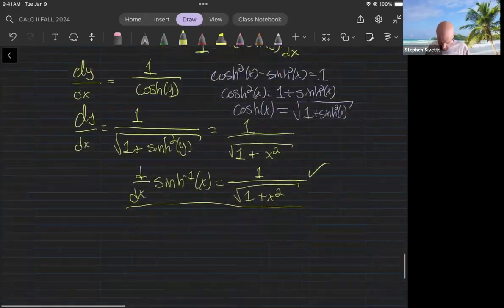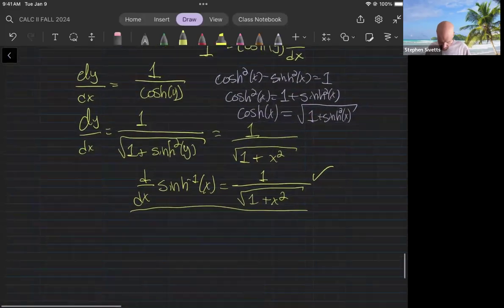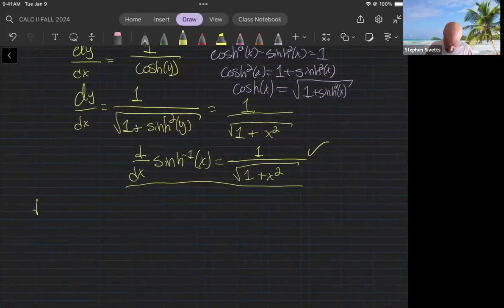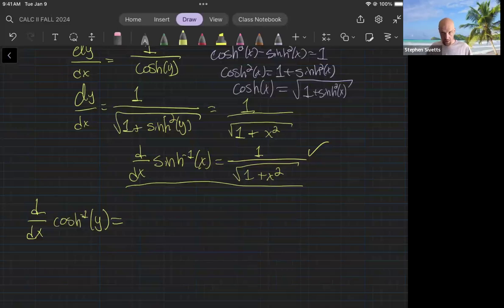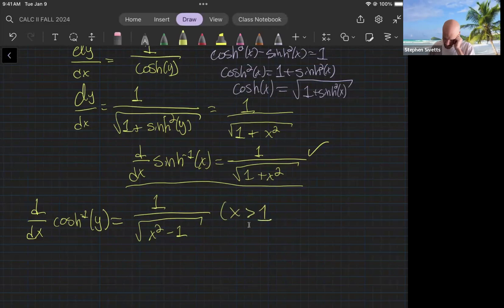So the derivative for inverse hyperbolic cosine in this case would be 1 divided by the square root of x squared minus 1, right? x has to be greater than 1 here.